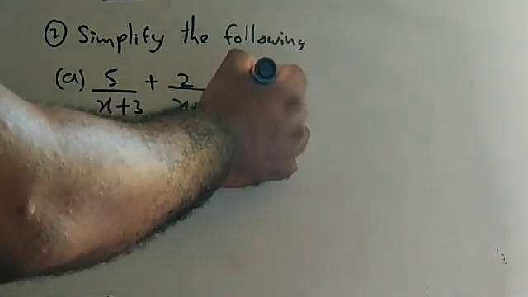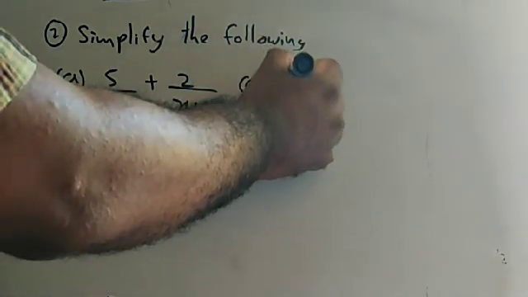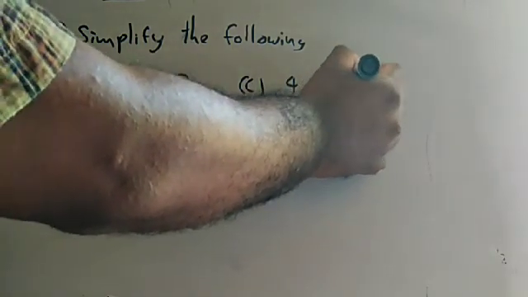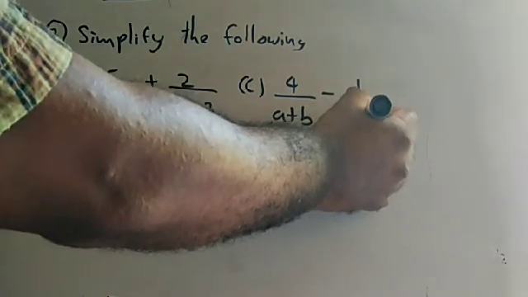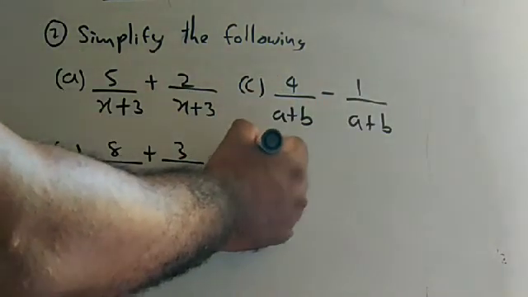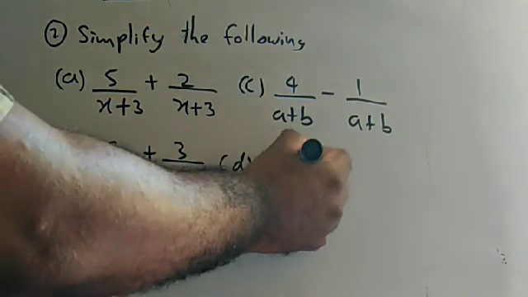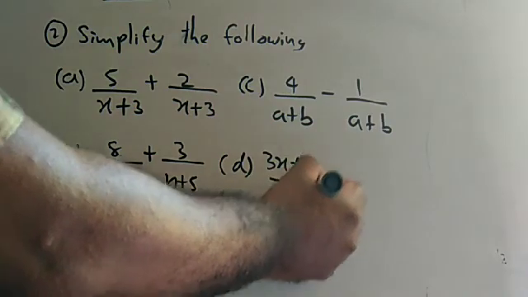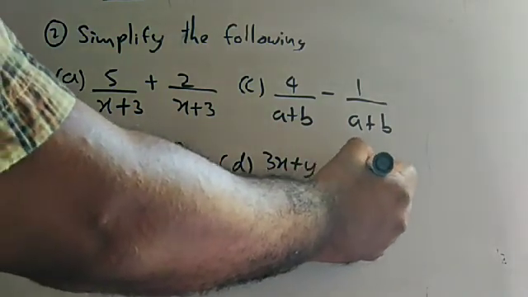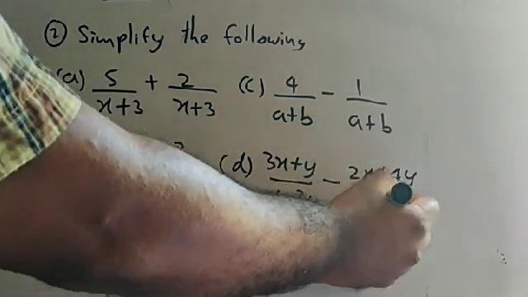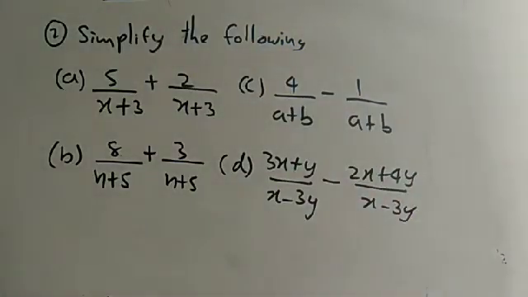C, 4 upon a plus b minus 1 upon a plus b. D, 3x plus y upon x minus 3y minus 2x plus 4y upon x minus 3y. Okay, do this.